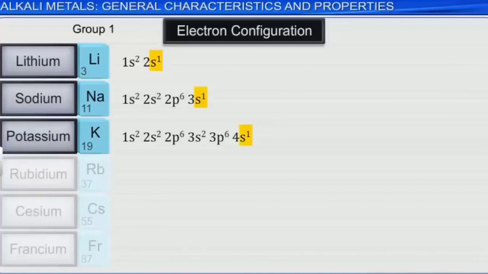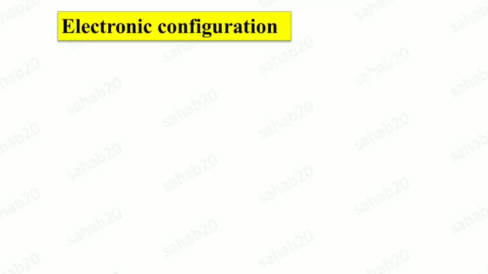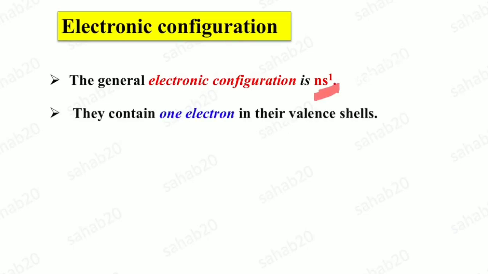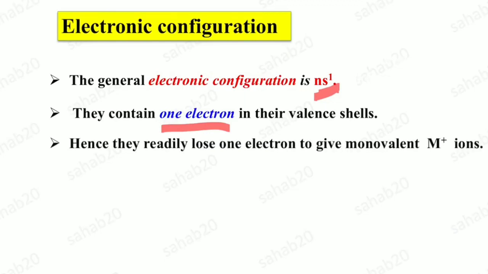That is why the general outermost electronic configuration of alkali metals is ns1. This is the general outermost electronic configuration of all the alkali metals. That means they contain 1 electron in their valence shell, and this 1 electron is loosely bound, and they can readily lose that electron and form a monovalent positive ion.